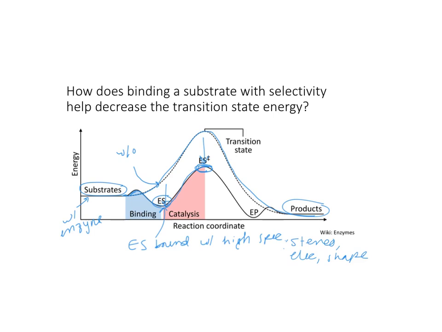So the overall decrease in transition state energy is first facilitated by binding the substrate to the enzyme. That's actually very low in energy. These values are called intermediates. Okay? It's very low in energy because of all the non-covalent interactions. So again, our two-part story: an enzyme, in order to be a catalyst here, has to lower the transition state energy. That means this bump has to come down.